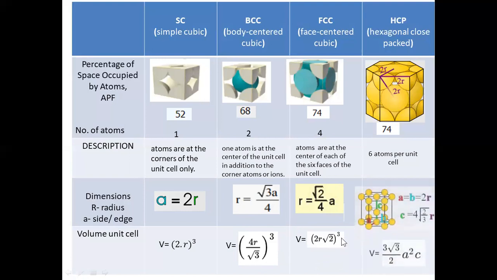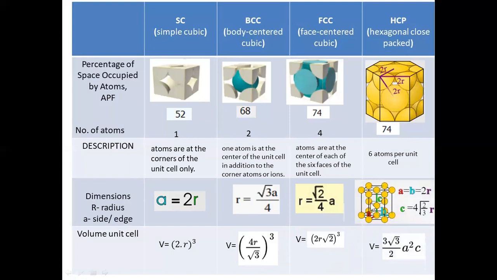And for HCP, we're going to bisect the figure. a and b are the sides of the equilateral triangle of the base, and c is the height of the whole HCP structure. Since the base of the hexagonal close-packed is an equilateral triangle, a and b are equal.